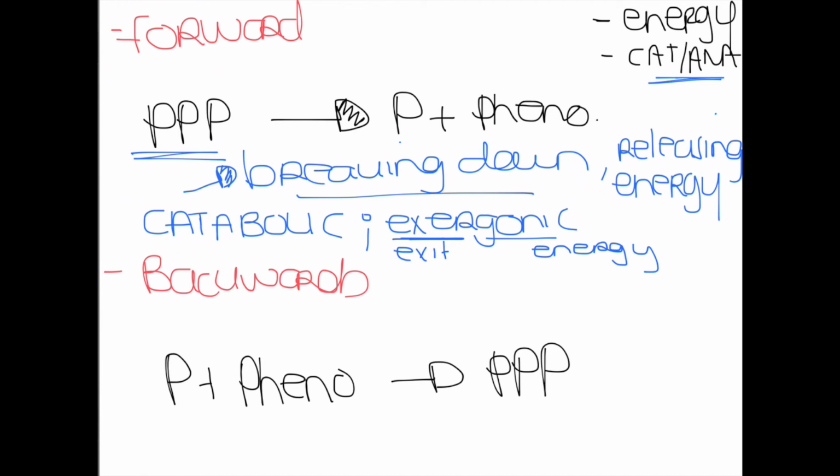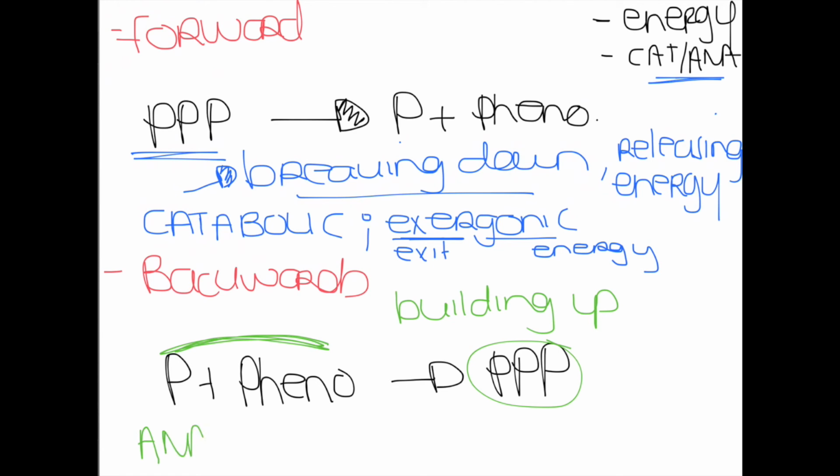So instead of going from the PPP to the phenylalanine and your phosphate group, you're now going from your phosphate group and your phenylalanine, and you're building it up to a PPP. So you're building up, just like estrogen. You want to get bigger. So this is an anabolic reaction, and you require energy.